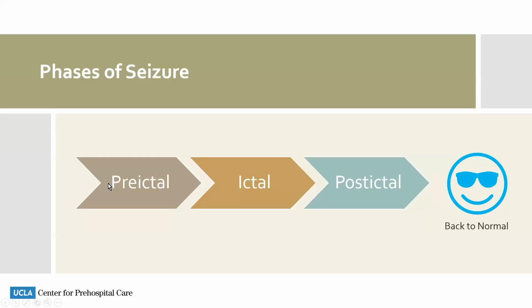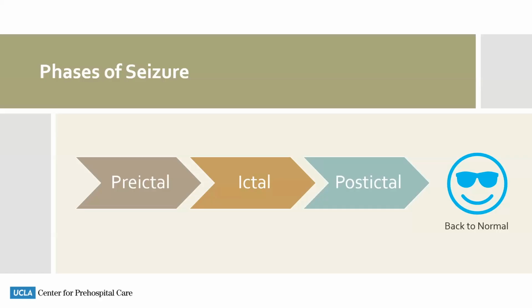So what about a generalized grand mal seizure that we all know, the tonic-clonic? Preictal, they might have an aura. They may know something is, their seizure is coming on, like they may see a bright light.